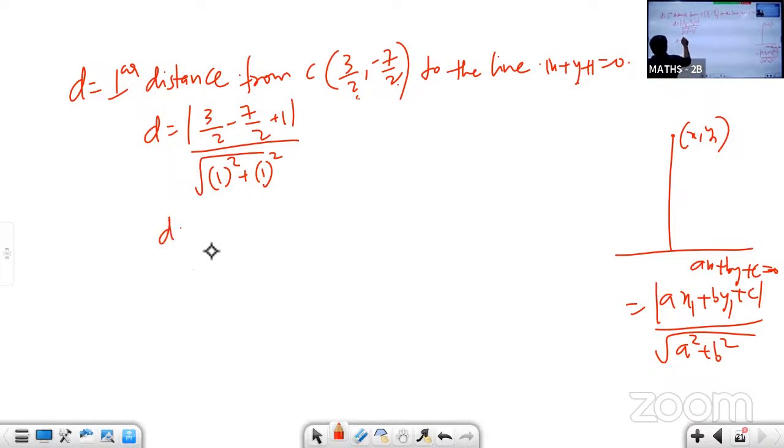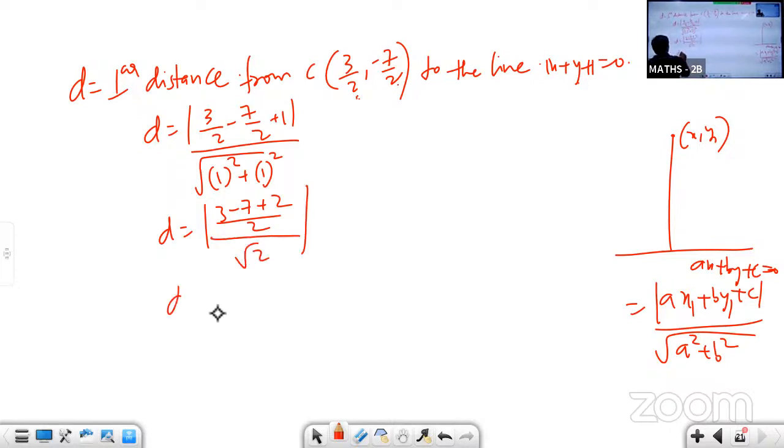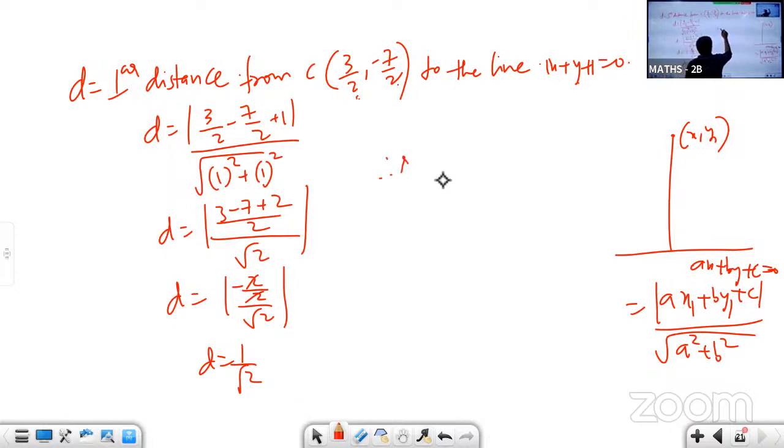So d is equal to, taking LCM, 3 minus 7 plus 2 by 2, whole divided by root 2. 3 plus 2 is 5, 5 minus 7 is minus 2, by 2, by root 2. Because of the modulus, therefore r equals d, both are equal to 1 by root 2.